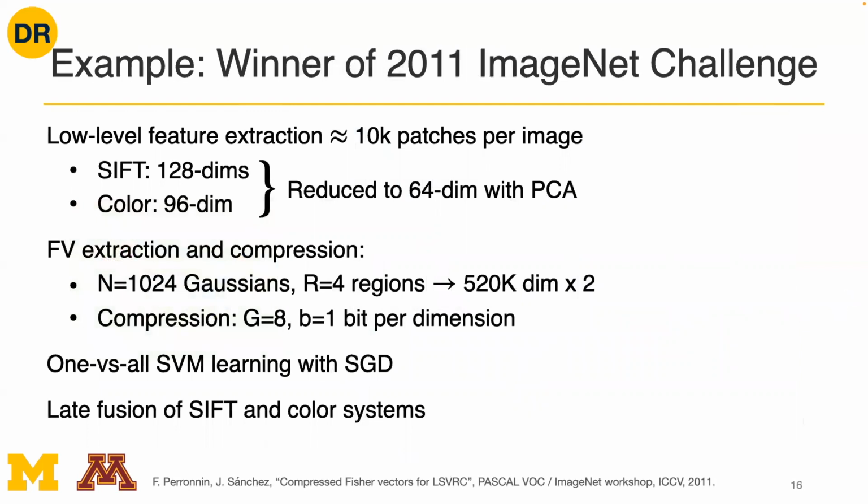However, these handcrafted approaches were the state of the art even as late as 2011. The winner of the 2011 ImageNet, which was right before deep learning started winning ImageNet every single year, was one of these approaches based on feature transformations. If you're interested, the paper is cited on this slide. They would combine low-level feature extractions.